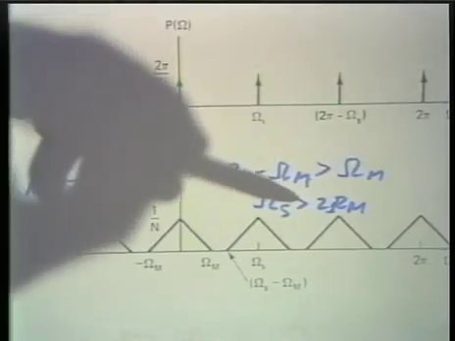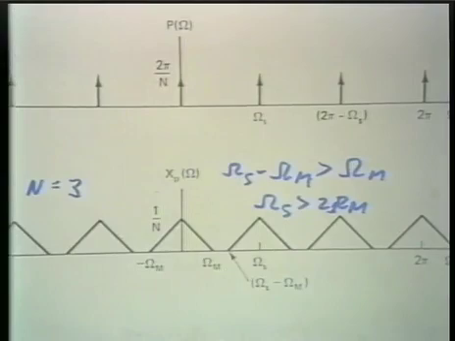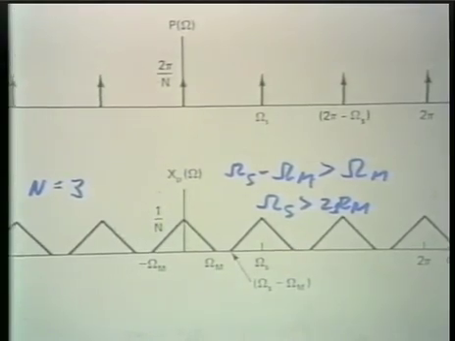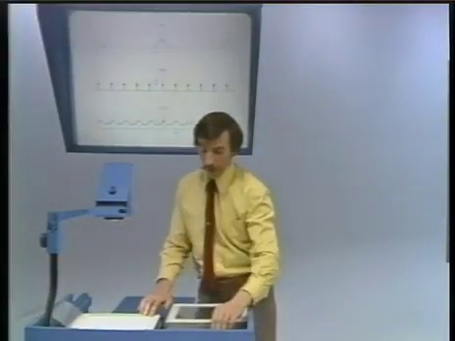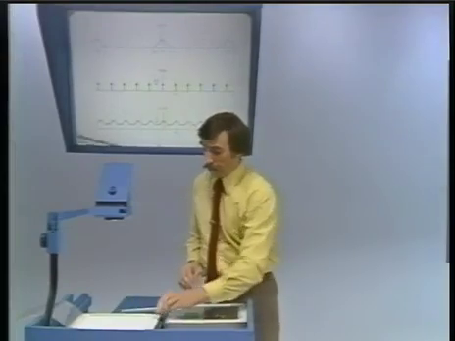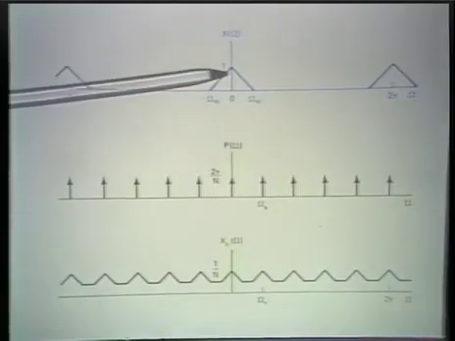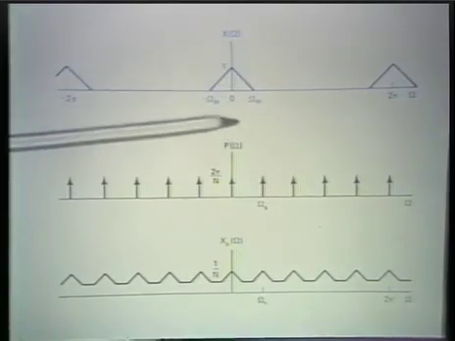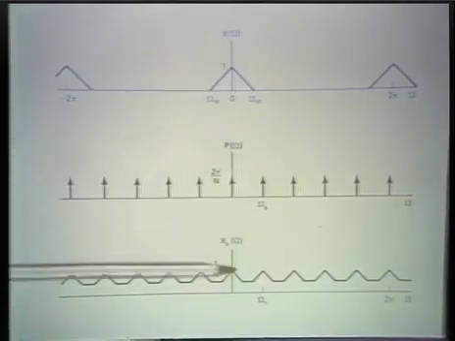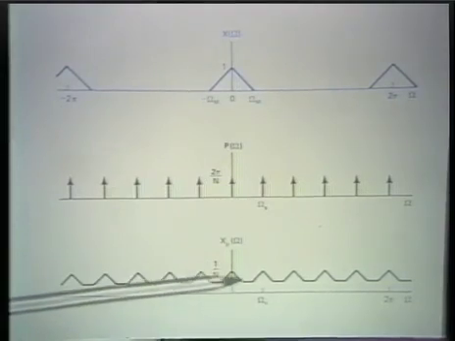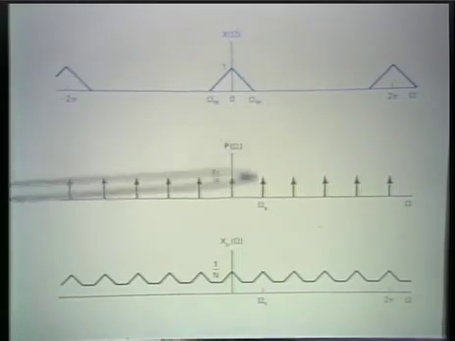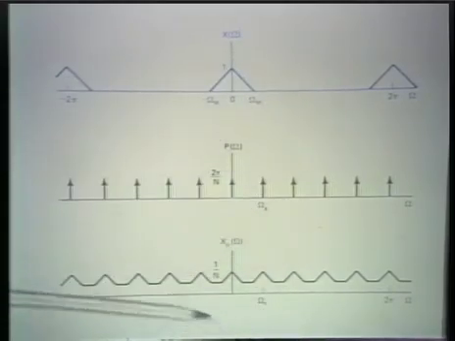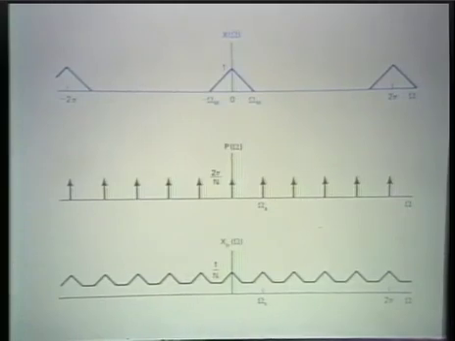And so with omega sub s greater than 2 omega sub m, that corresponds to this picture, whereas if that condition is violated, then the picture that we would have looks like this. And in this picture, the individual replications of the Fourier transform of the original signal overlap, and we can no longer recover the Fourier transform of the original signal. And this, just as it was in continuous time, is referred to as aliasing.